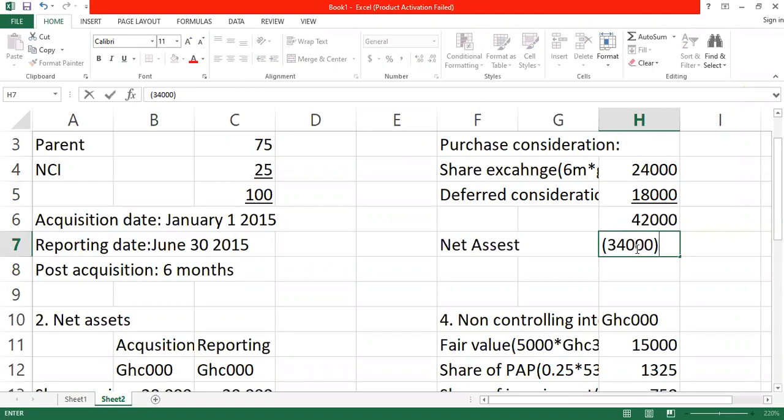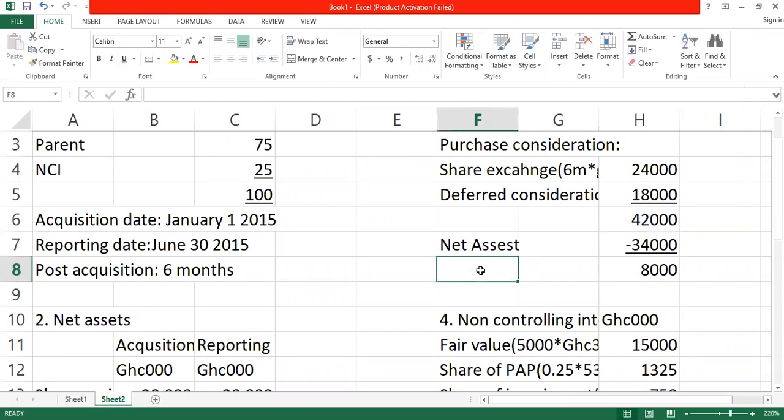So you add 42,000 to 15,000, then you subtract the total 49,000 from it. You are going to get the same thing at the end. So what is the goodwill at acquisition? This is the goodwill at the date of acquisition. At acquisition is how much? 8,000. Use the one that you are comfortable with. Me, I like using this one.